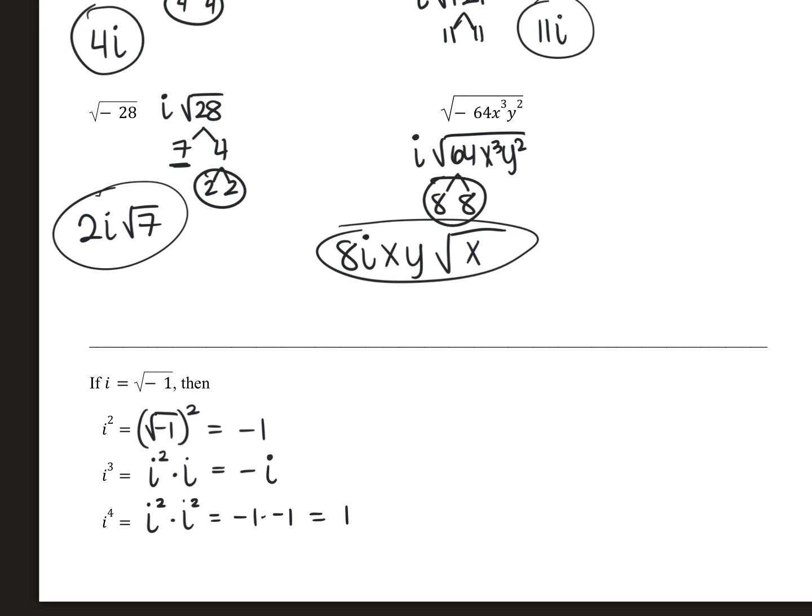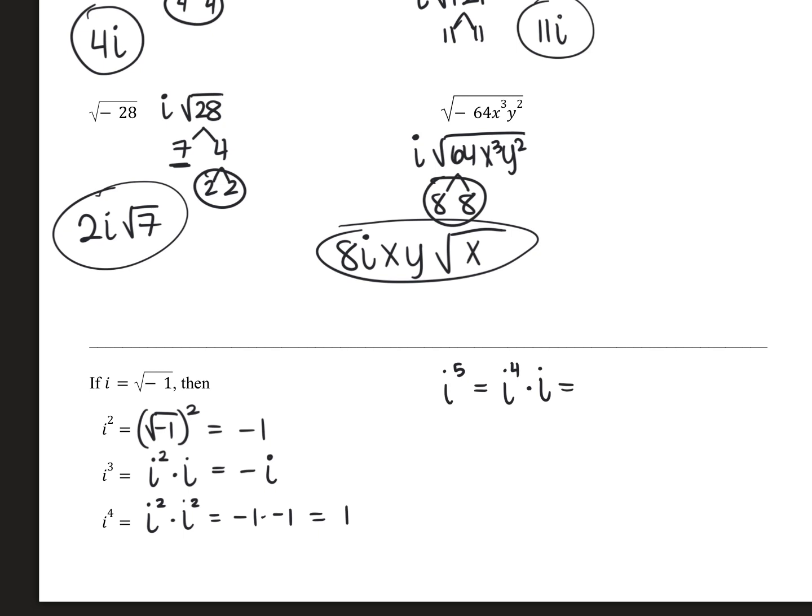After i to the 4th, all of the powers of i repeat themselves. So for example, i to the 5th, I can write that as i to the 4th times i.